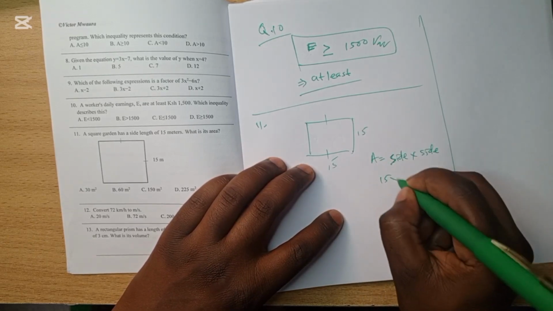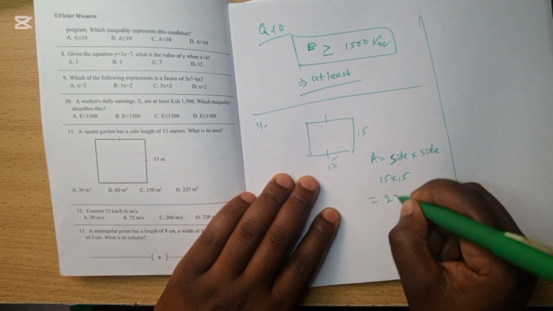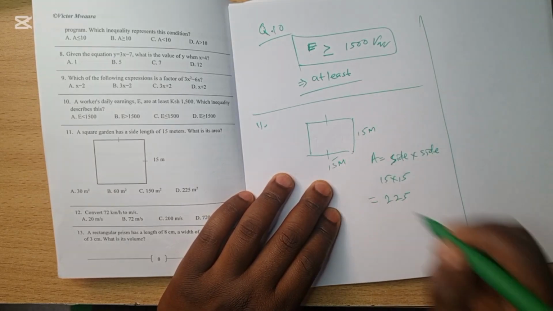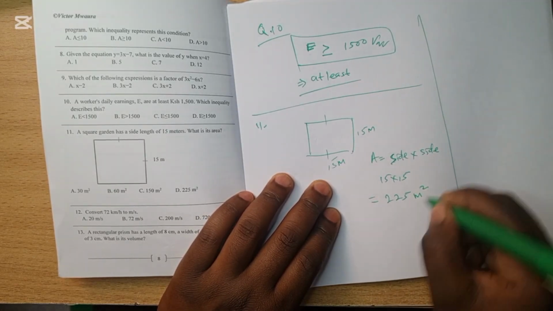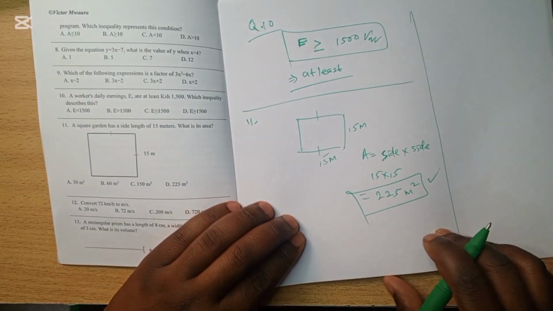So 15 times 15 should give us 225. Again, because it is area and the measurements were in meters, it is meters squared. So the answer here is 225 meters squared, D.